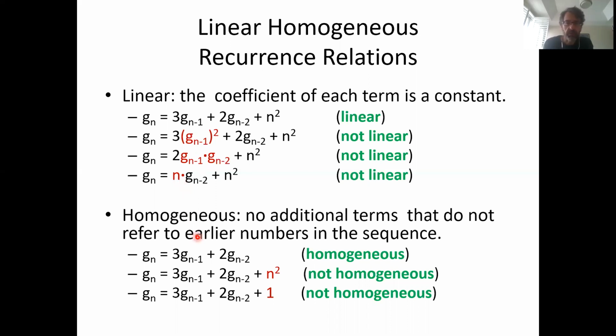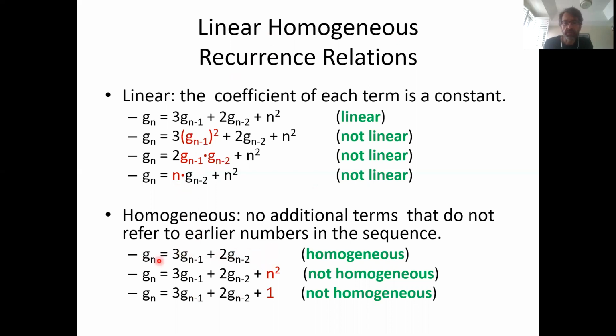And what's this homogeneous part mean? It just means that the recurrence relation makes no reference to anything but the previous elements, right? So it doesn't have any additional terms that are a function of n.